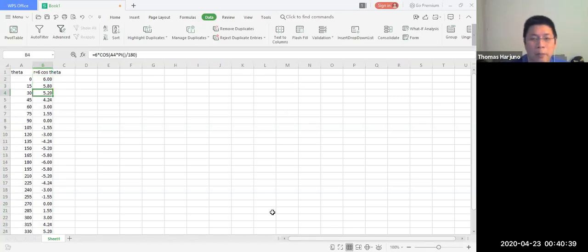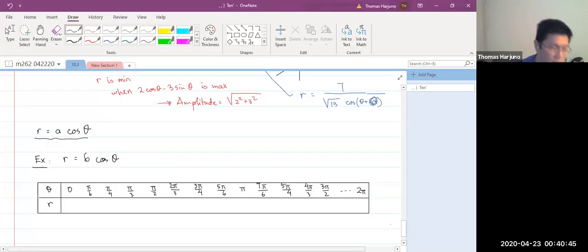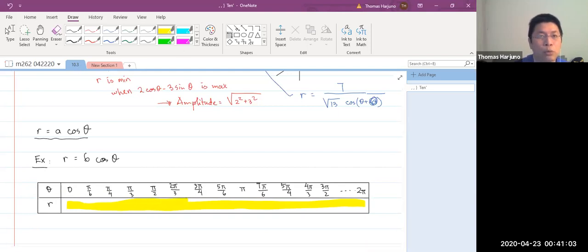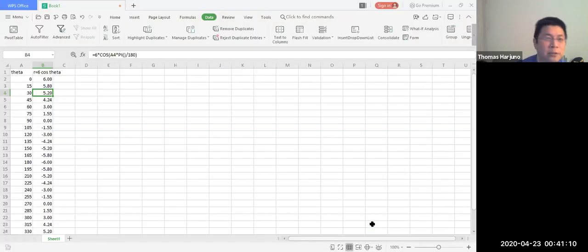My original intention is I would like you to use your calculator and find all the values, right? Now, instead of doing it one by one, it will be nice if you, as Calculus 2 students, are able to use your Excel and do this.